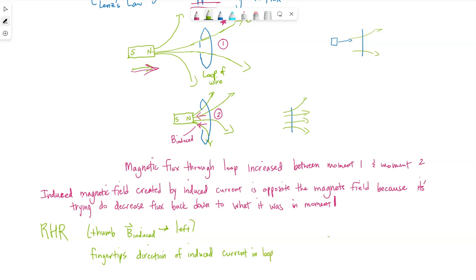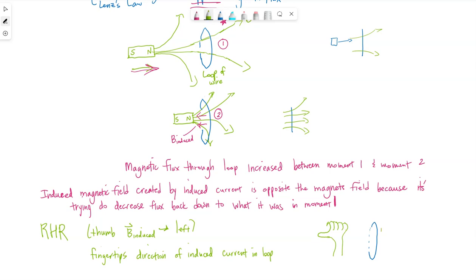So with my thumb pointing to the left, my fingers of my right hand curve away from me. What that means is in our loop, I apologize. I have some challenges when it comes to artistry.